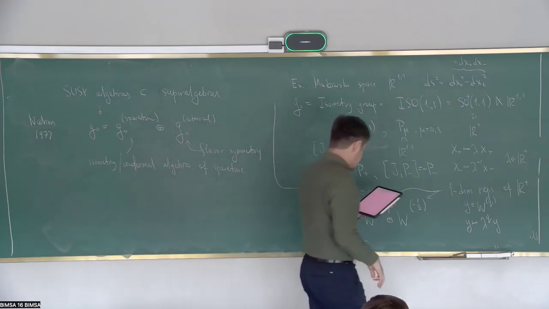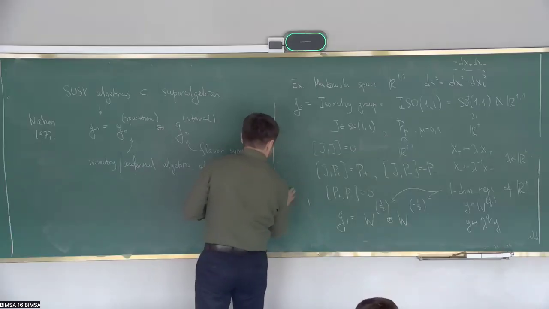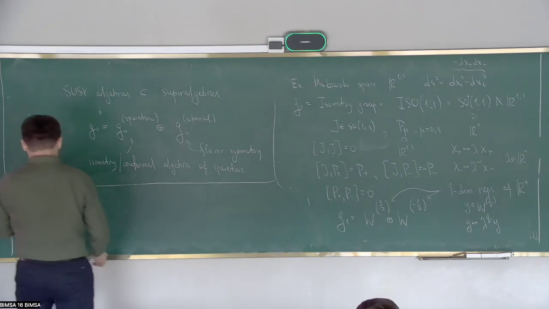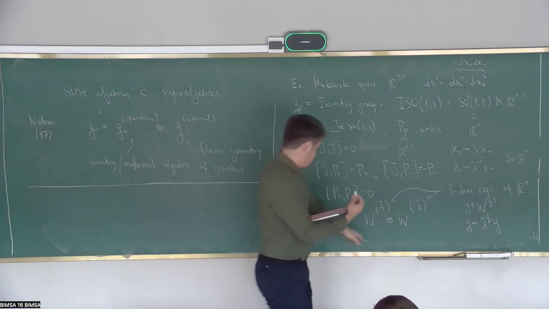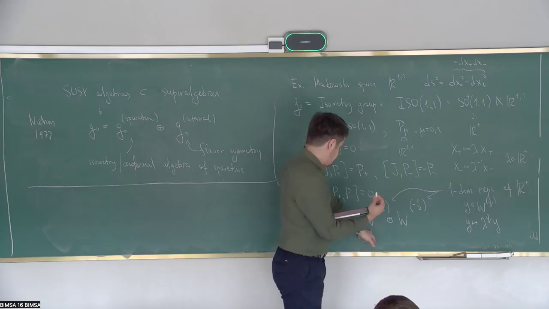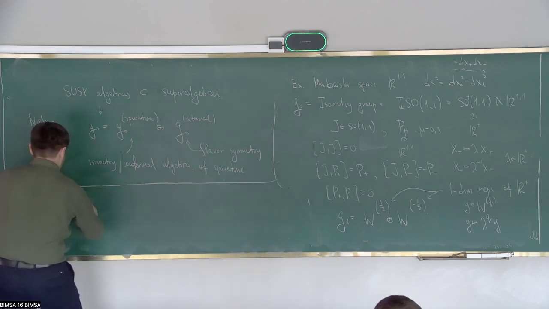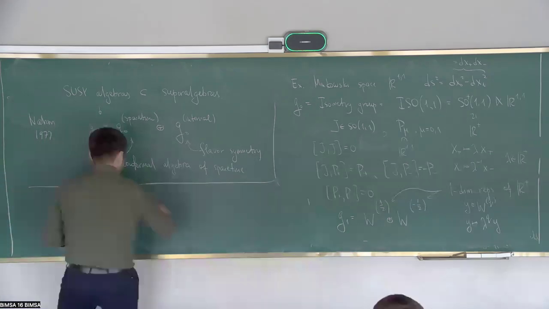So we will have two algebra elements, one living here and one living here, which we call Q plus and Q minus. Q plus belongs to W with charge 1/2, and Q minus belongs to W with charge minus 1/2.